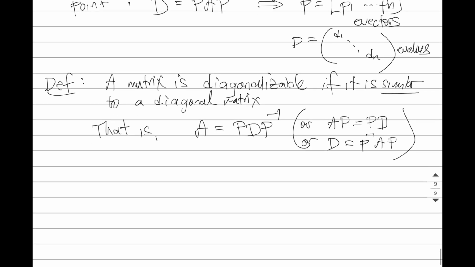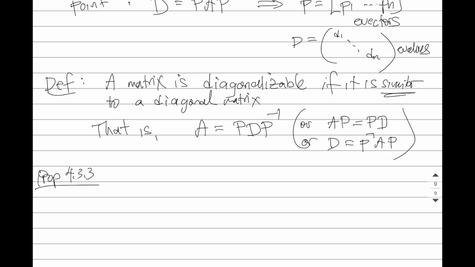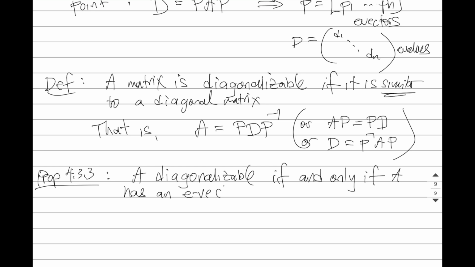If a matrix is diagonalizable, there's a change of basis that will allow you to represent it as a diagonal matrix. What has to be true in order for that to be the case? A is diagonalizable if and only if A has an eigenvector basis for Rn.